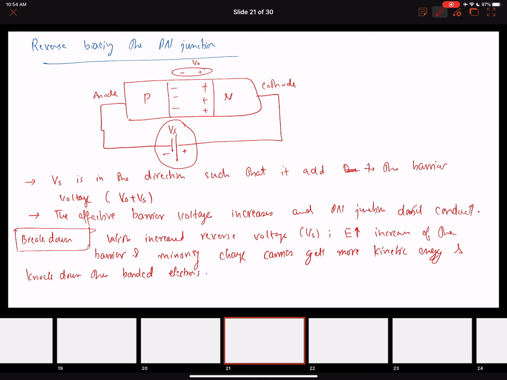Essentially, they will break down the covalent bonds and they will knock down those electrons. This will increase the drift current tremendously in opposite direction.